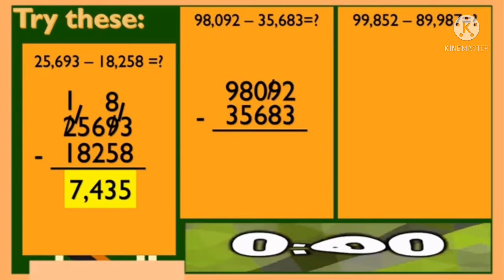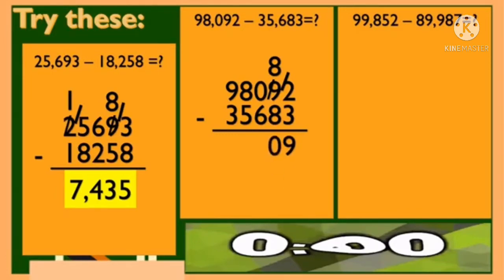Okay, so 9 will become 8. How about 2? The 2 will become 12. Okay, so what is 12 minus 3? Yes, it's 9. How about 8 minus 8? They're the same. So therefore, we have the answer that is always 0.